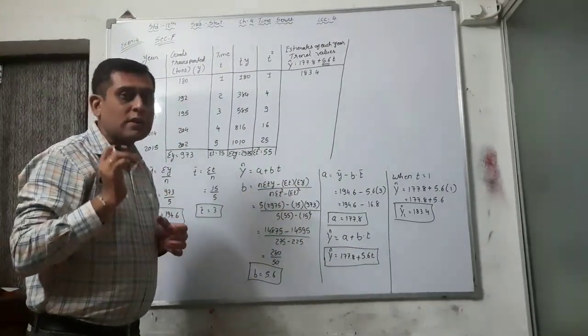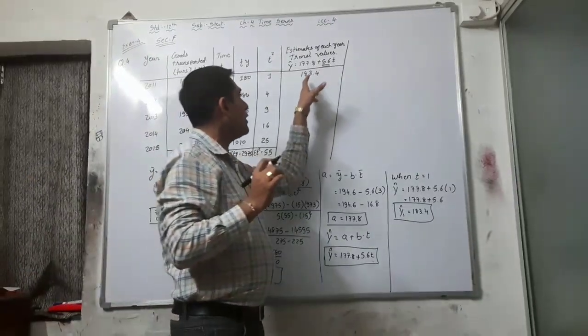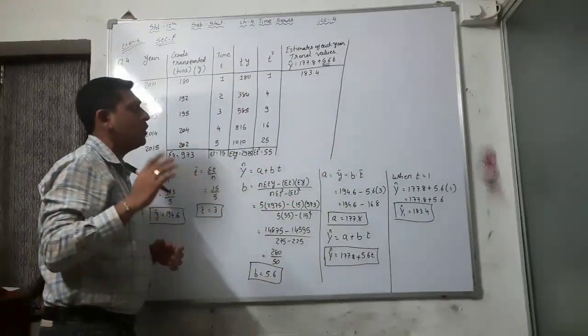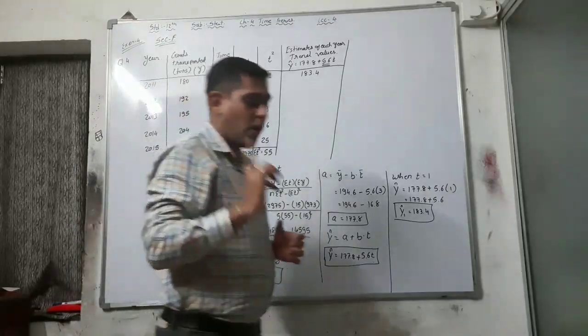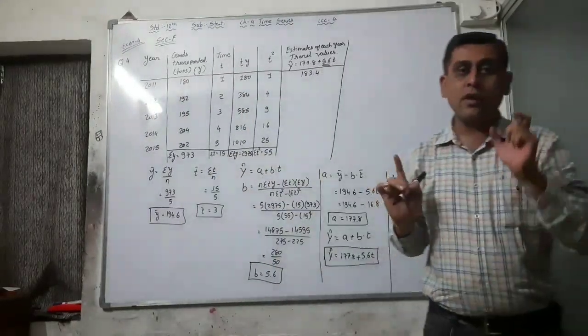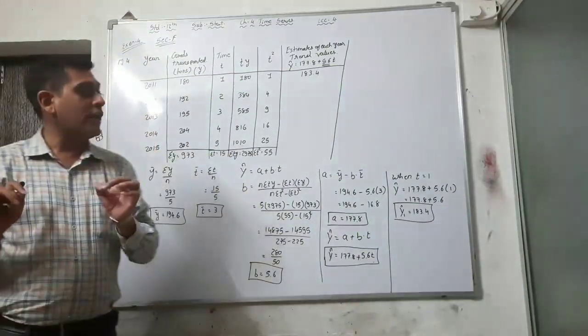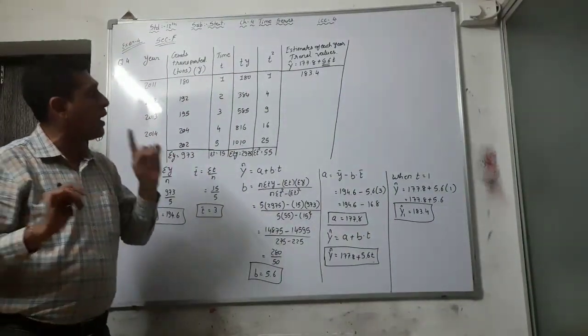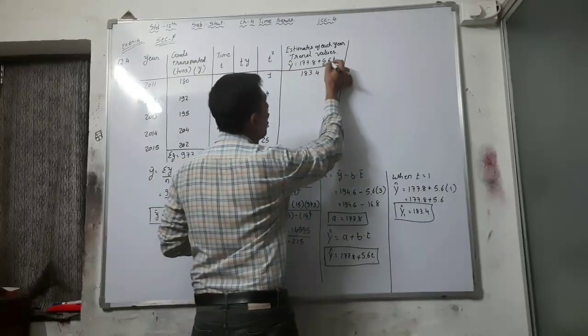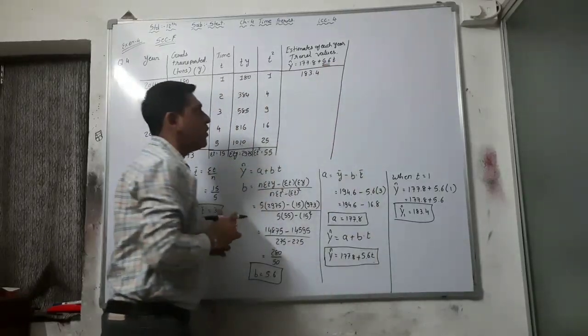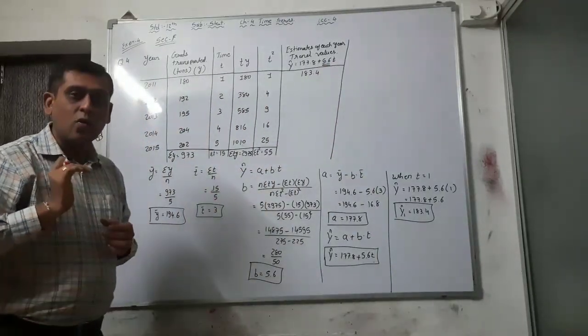Now we just have to add 5.6 to find out the next year's estimated value. I told you in the last lecture, that is lecture 2, that we have to find out next trend values by just adding the value of b to the previous year estimated value.